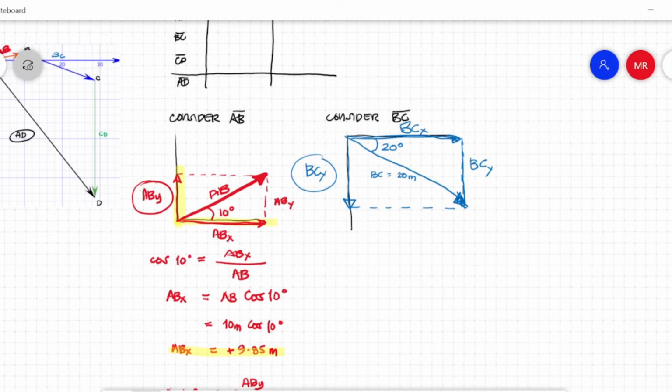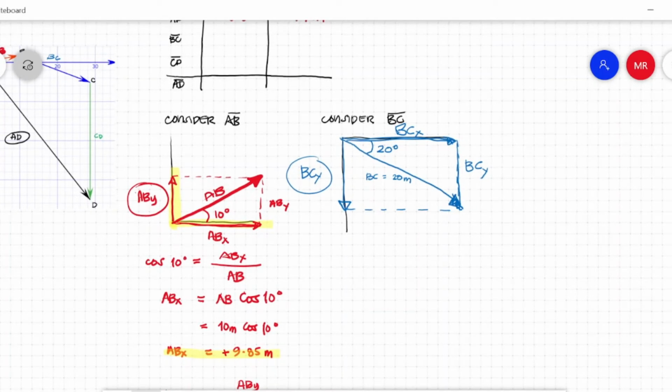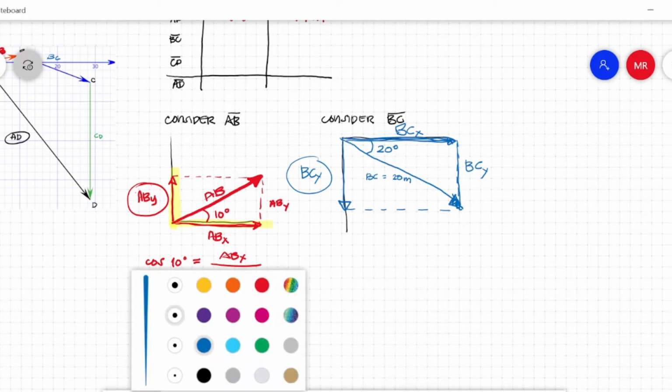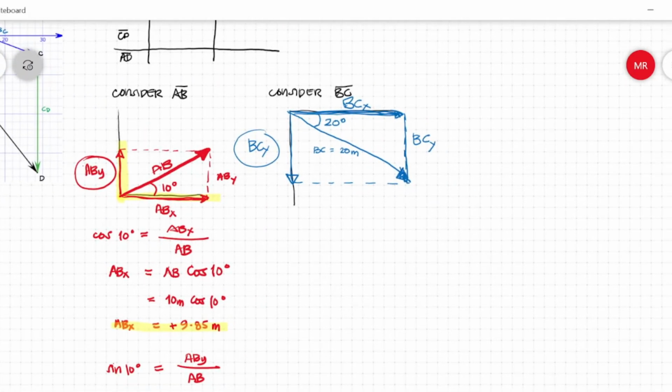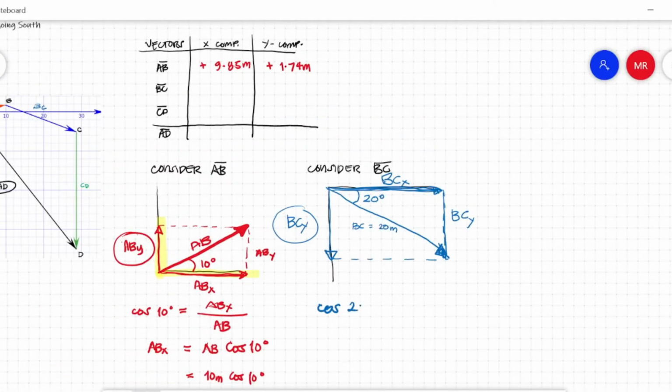So we need again to use trigonometric functions, either cosine or sine. Since ang BCX ay adjacent side na naman ng 20 degrees, cosine ulit gagamitin natin. Cosine 20 degrees is equal to the adjacent, BCX, over the hypotenuse, BC.